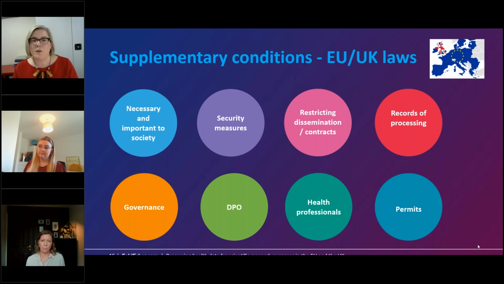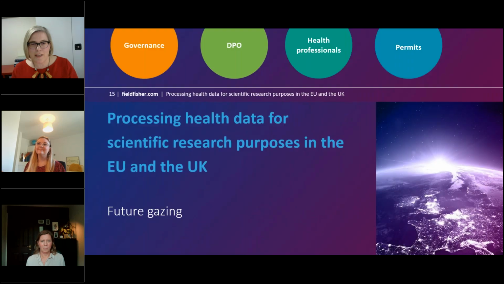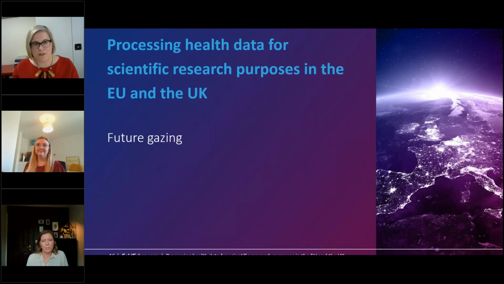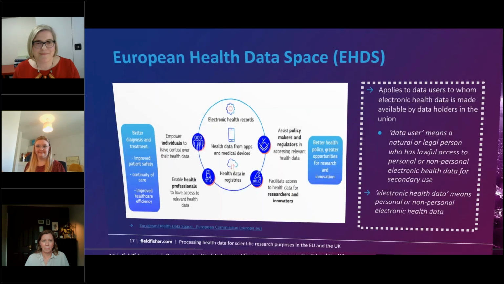This is the end of this section, if you like. And we've now looked at what the current requirements are. And for the next section, we are going to do a bit of future gazing and see some legislation that's coming down the line. So can we move to the next slide, please? Thank you.